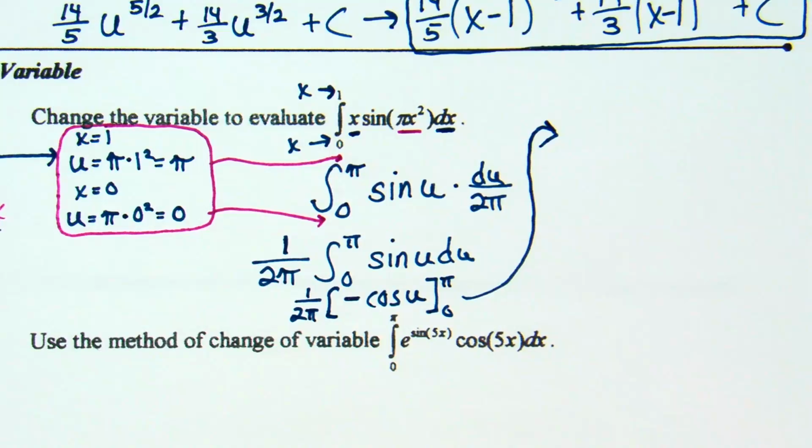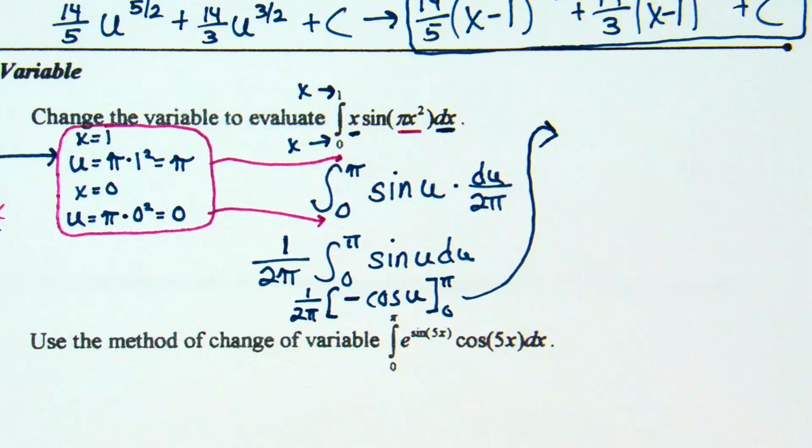Negative cosine of u, what do I do here? Yeah. It's going to be negative cosine of pi minus negative cosine of 0. Minus negative, so I'm going to say plus.